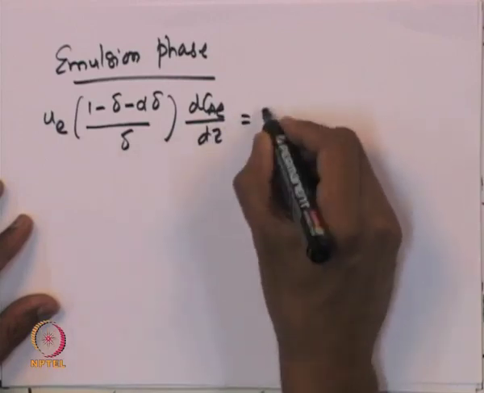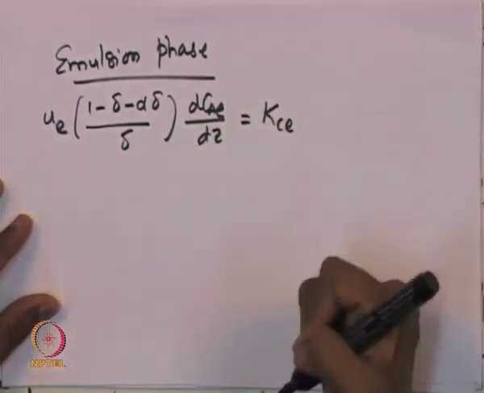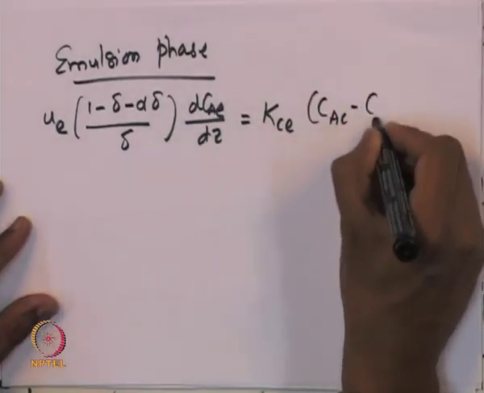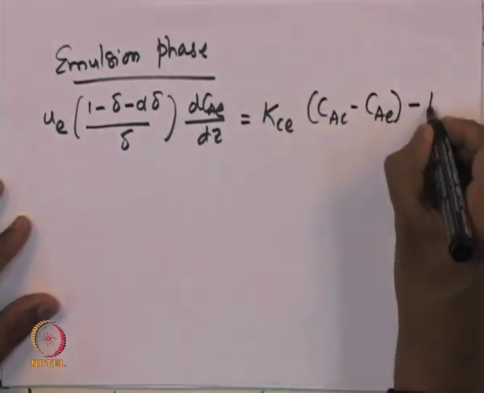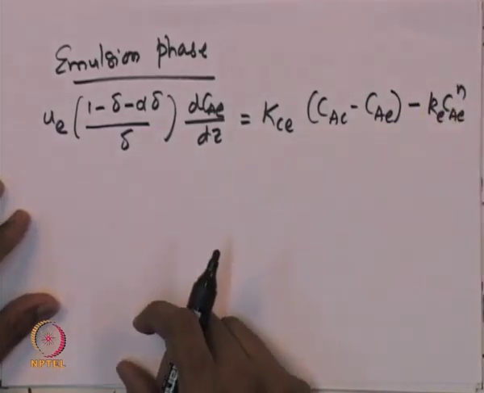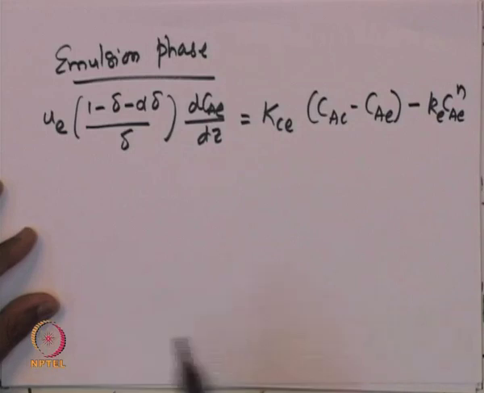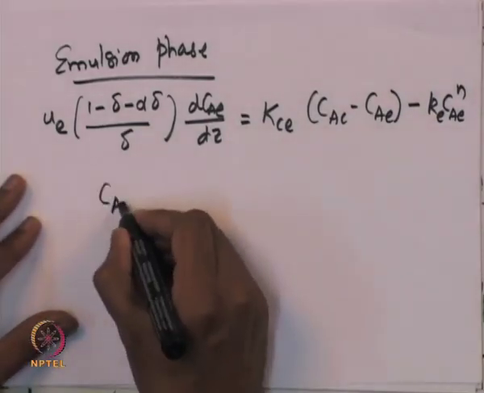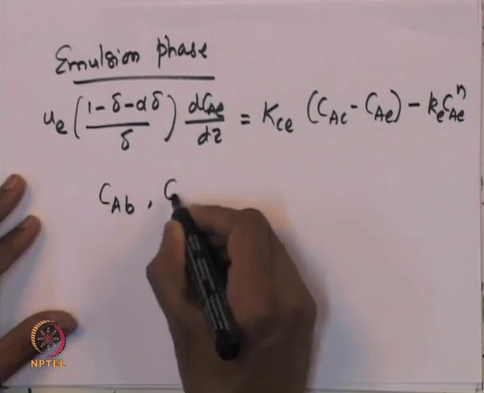That should be equal to the mass transport coefficient between the cloud and the emulsion phase into CAC minus CAE, minus the rate at which the species is actually being consumed because of the reaction that may be happening in the emulsion phase.